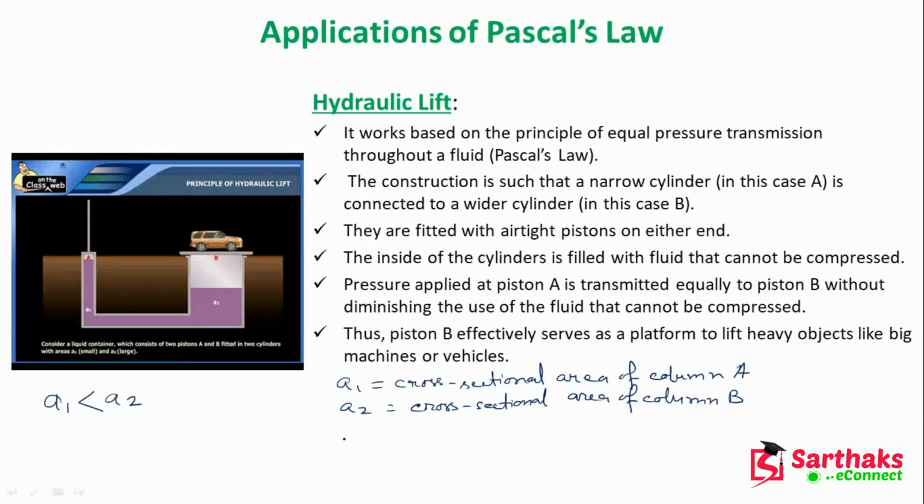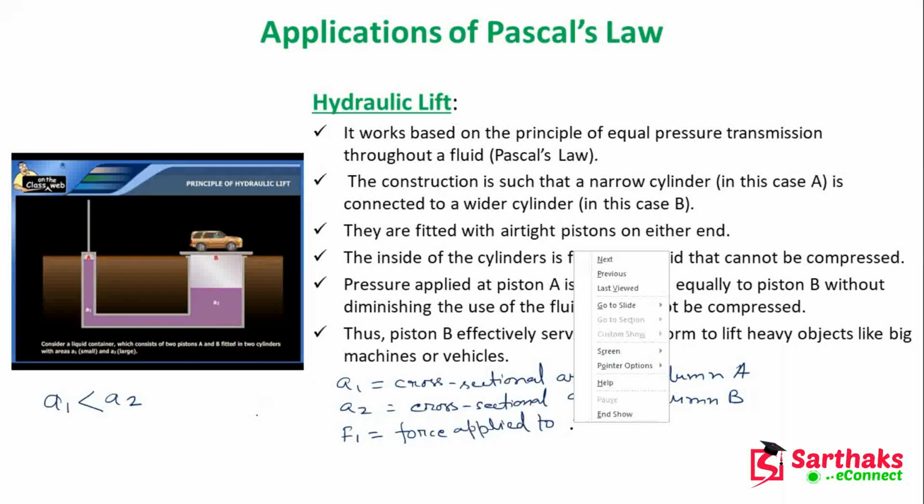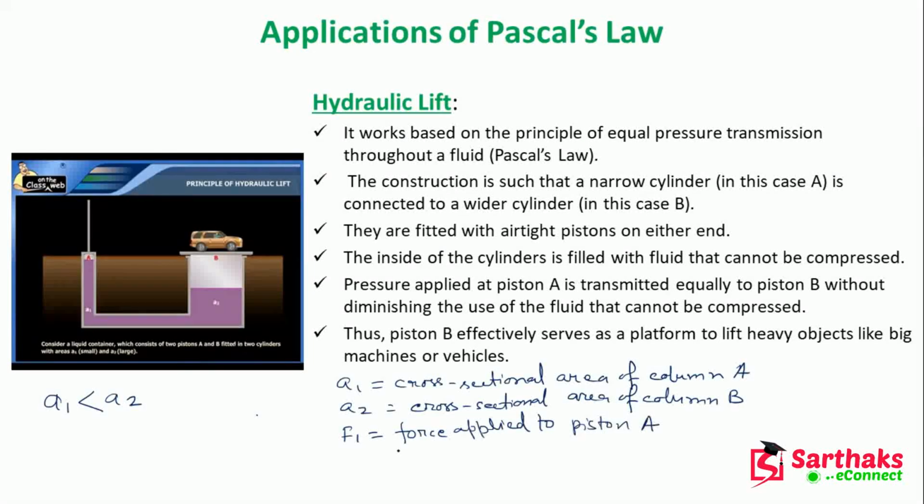So here if the force F1 is applied to piston A and F2 to piston B, here you can find that F1 by A1 equals F2 by A2.